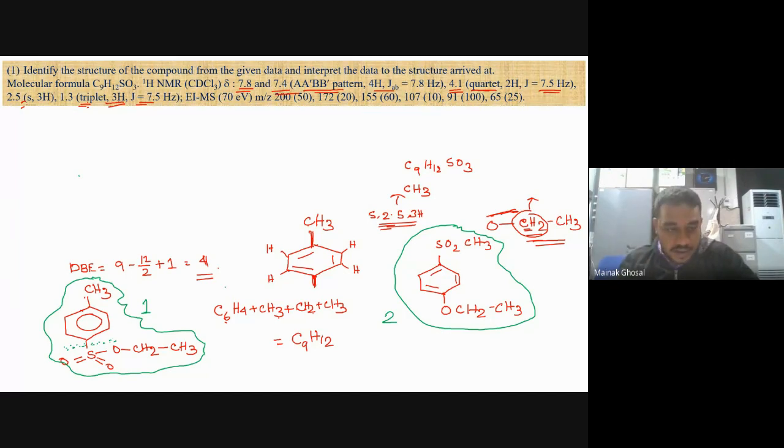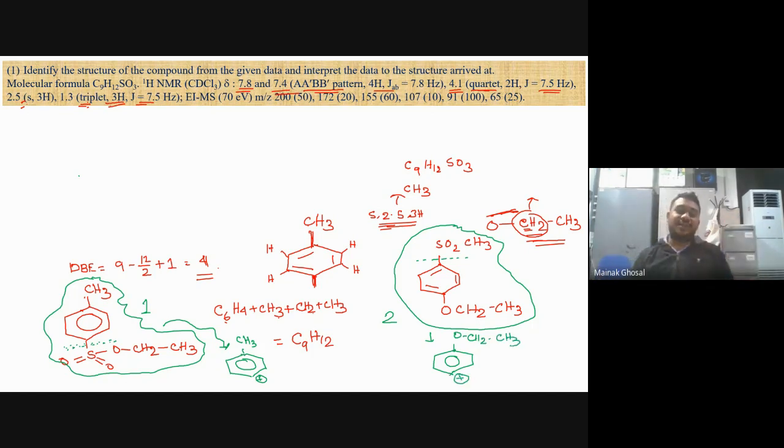Similarly, for future purposes, I am thinking that this group is removed. So what am I left with? I am left with something like this, right? And if I think the same here, this SO2CH3 is completely removed, I will be left with this.